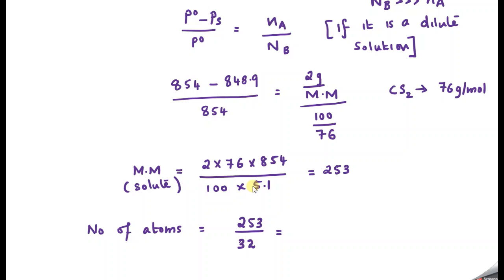If you divide this, you will get the number of atoms present, approximately 7.9, that is equal to 8. So the molecular formula is X8. The number of atoms is calculated as molar mass divided by atomic mass.